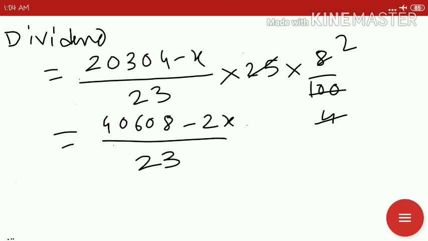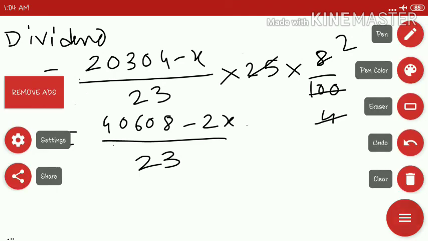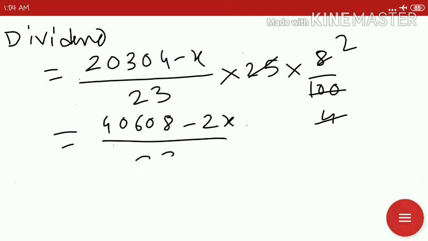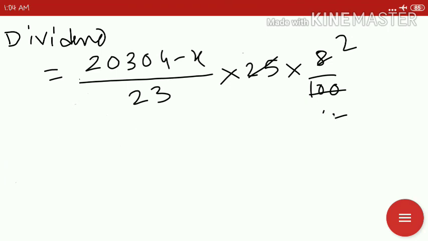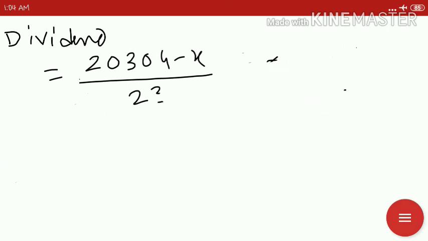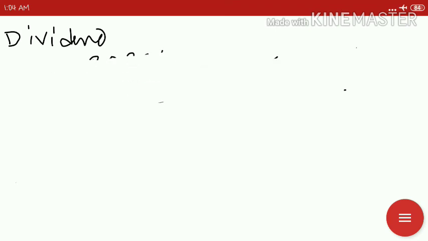So now we go for the clue that it is given the dividends are equal. That means we are going to equate both the dividends we have collected from the two types of investment. One is X by 12, and from the other one we have found 40608 minus 2x by 23.